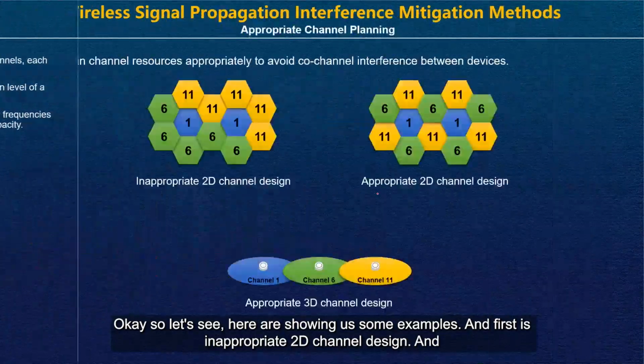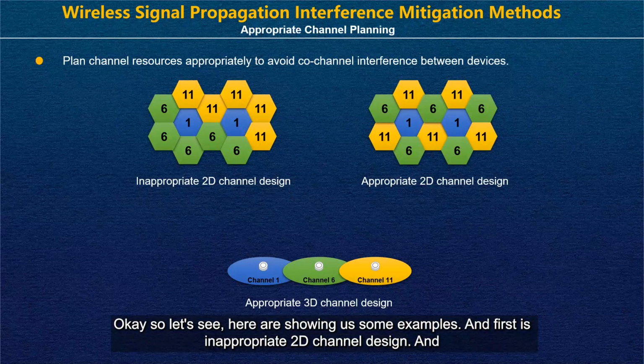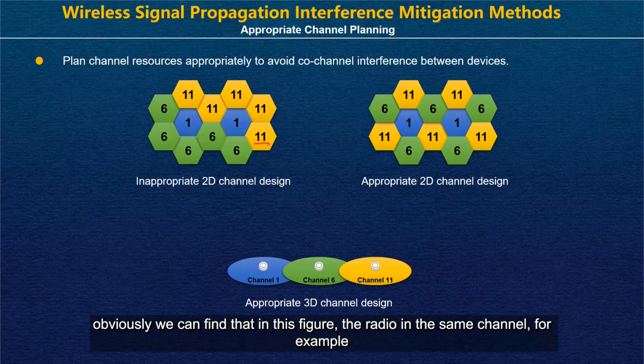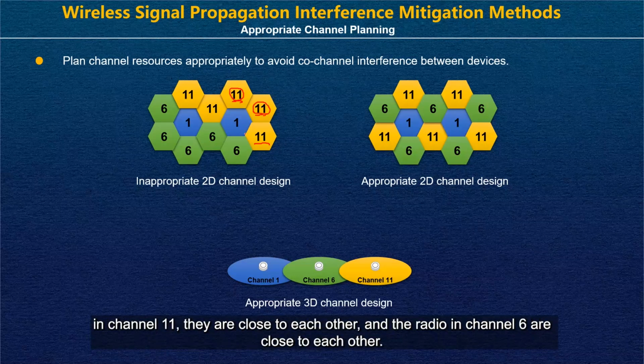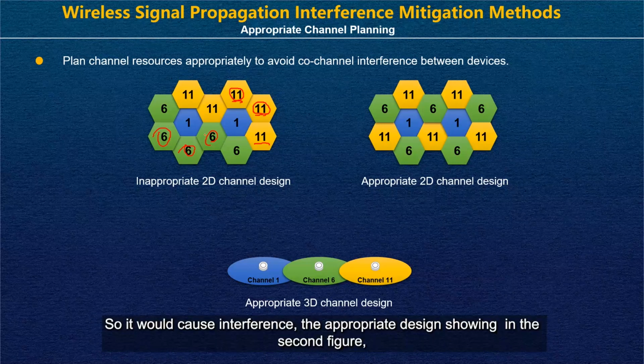Here are some examples. First is inappropriate 2D channel design. Obviously, we can find in this figure that the cells in the same channel, for example, in channel 11, are close to each other, and the cells in channel 6 are close to each other. So it would cause interference.